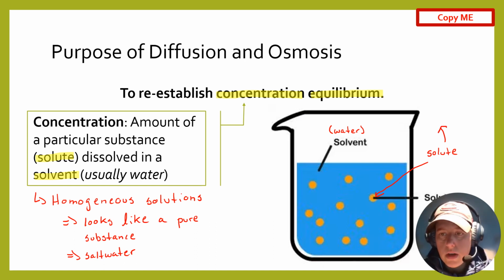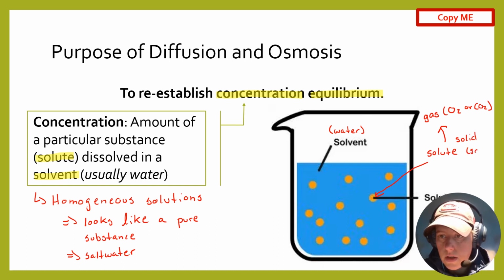But for what we're talking about a lot, if our solute is a gas, it's going to be either oxygen or carbon dioxide. And if our solute is a solid, it's basically going to be a salt. So salt being our key example. So when we're talking about concentration, it's how much solute we have dissolved in our solvent.